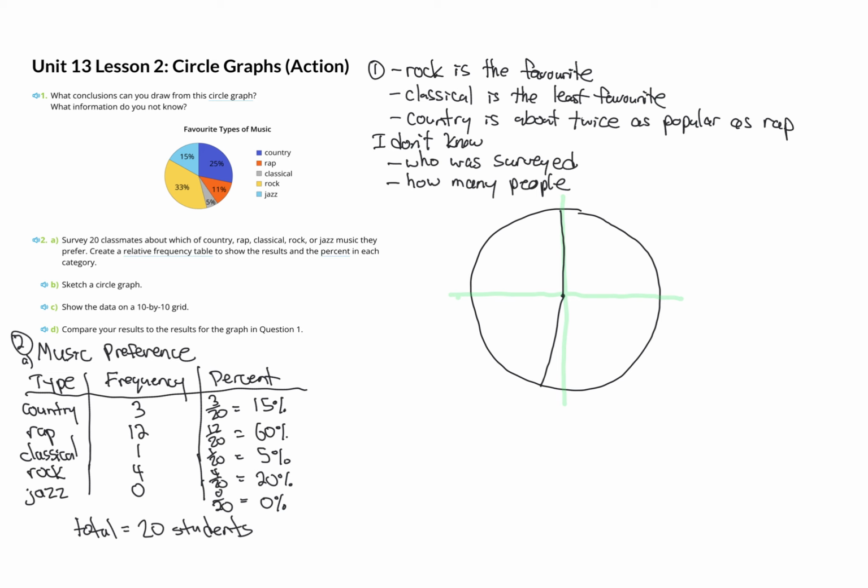I'm kind of guessing. So I'm going to color that in. And we'll call this the rap piece, which is a little larger than half. And we'll label it as 60%.